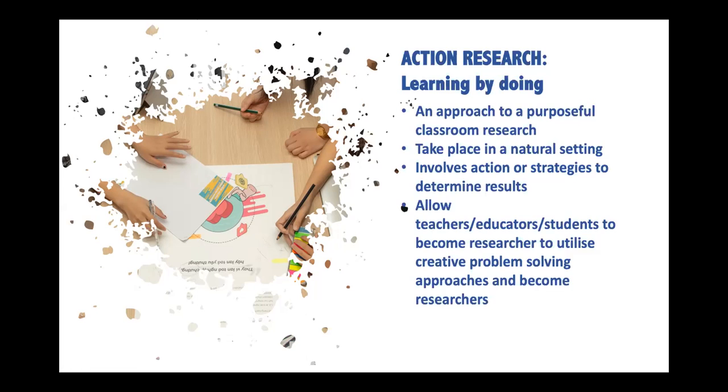Am I not teaching right? Am I not a competent lecturer and so on? Okay, so meaning that it involves action or strategies. When you find that you have too many failing students, you have to use some strategies to change the result.